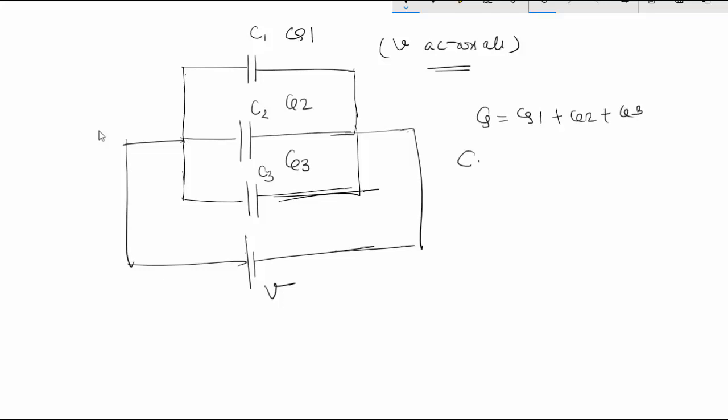Q is equal to C into V, which is equal to C1V plus C2V plus C3V. So the capacitance will be equal to C1 plus C2 plus C3.